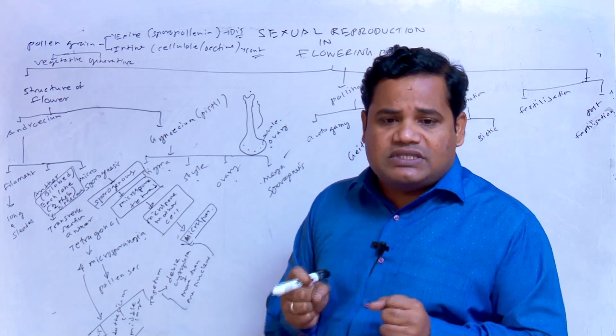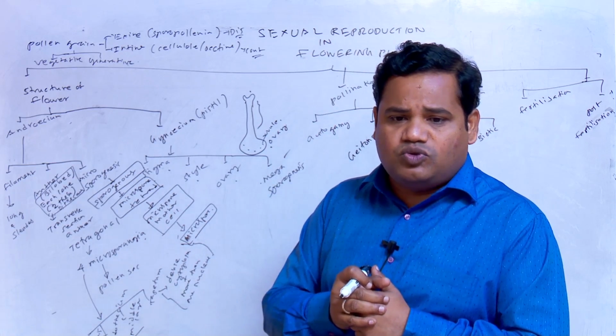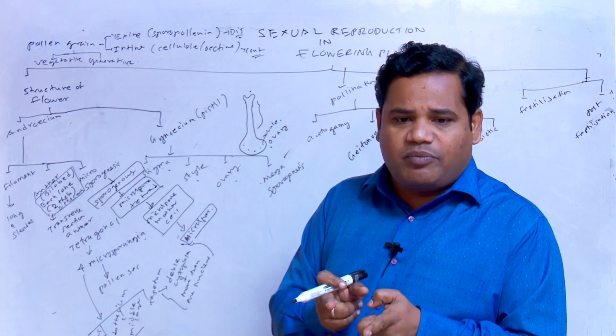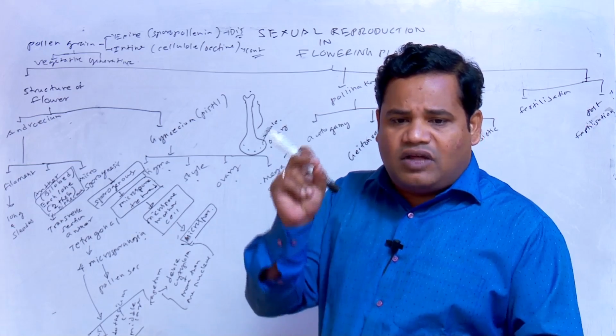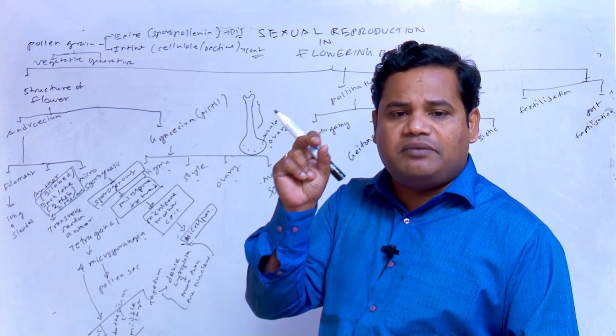Here it is the integuments. The ovule has one or two protective envelopes called integuments, and there will be a small opening called the micropyle.